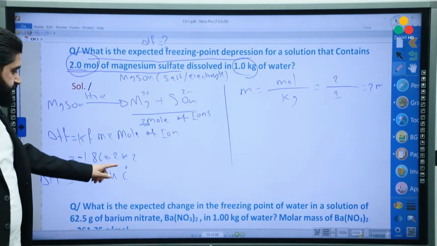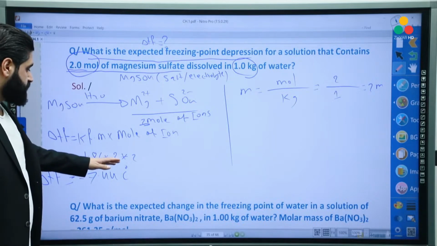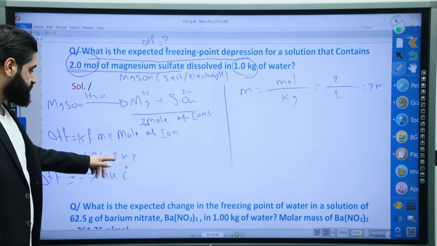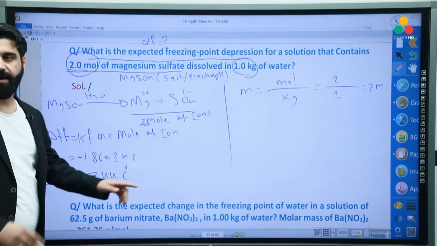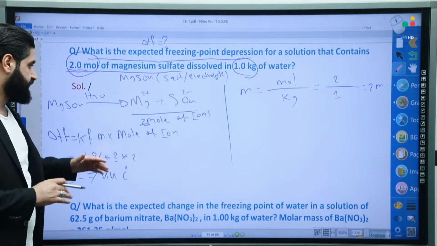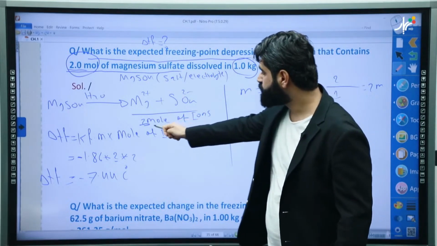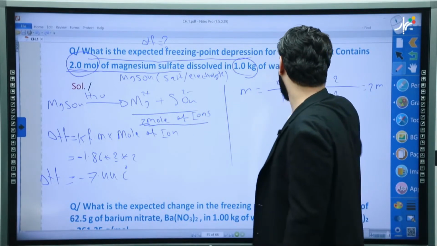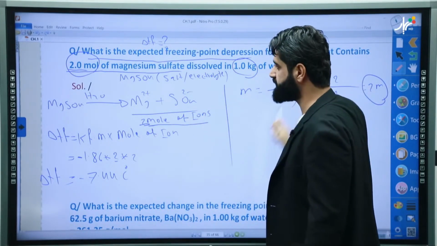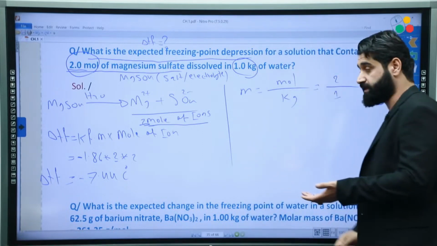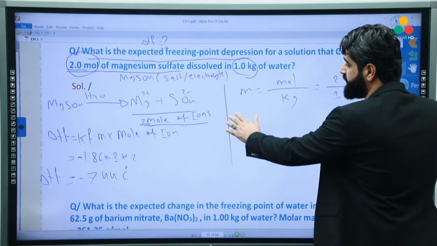Look, dear students, you know it's not mandatory to have molality and mole of ions equal anywhere, okay? Here we get 2 moles of ions with value of molality 2 molal, but maybe it differs. It's okay to have different values for each of them.